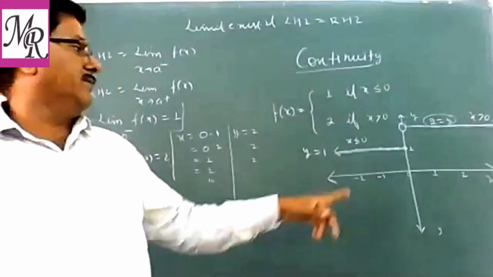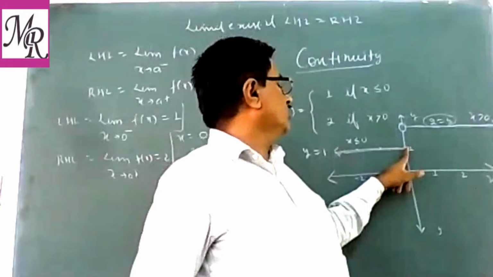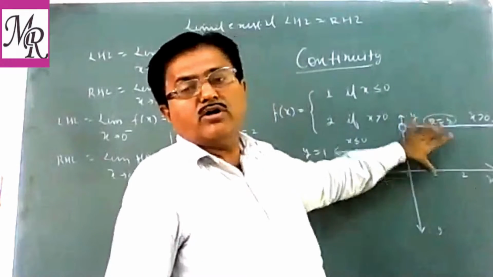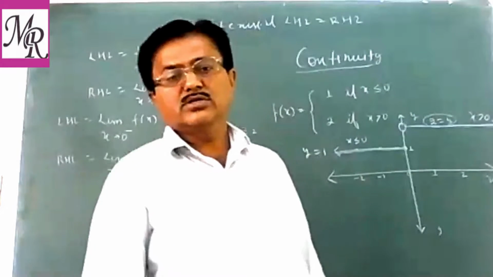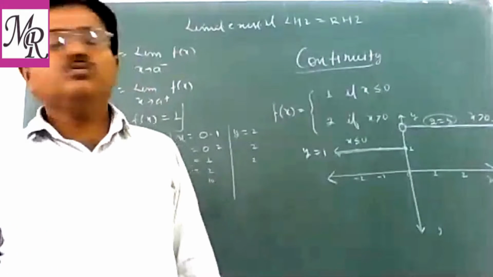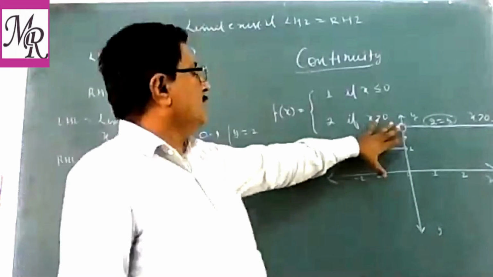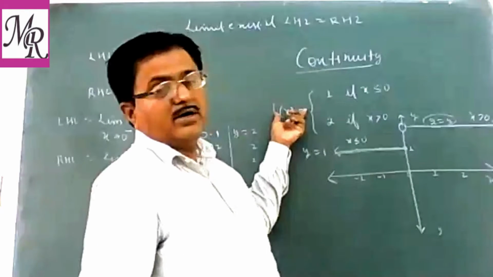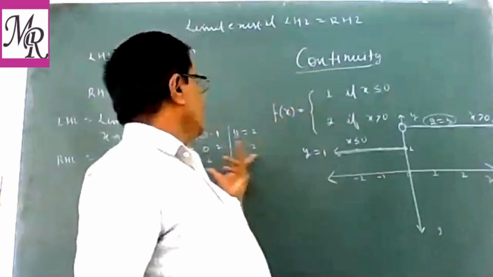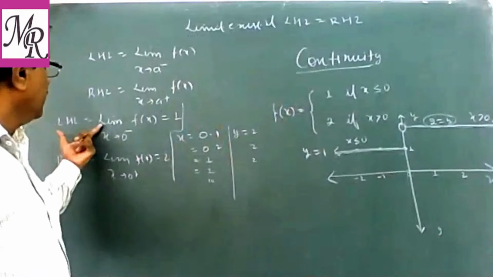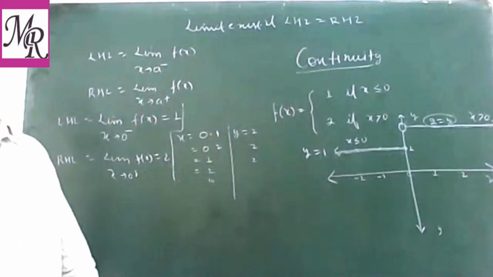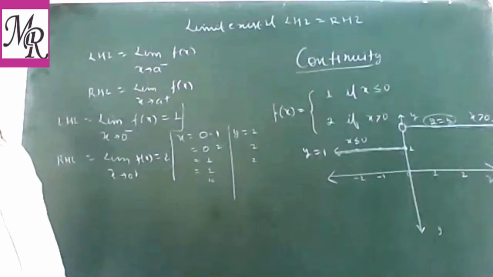Continuous means continuously. Here we are drawing the graph continuously. Here we have to break. So we can say this is not continuous. Correct? So if the graph is not continuous, then we can say this function is not continuous. So one condition, what? If left hand limit is not equal to right hand limit, then function is not continuous.